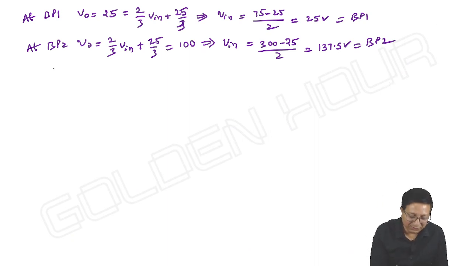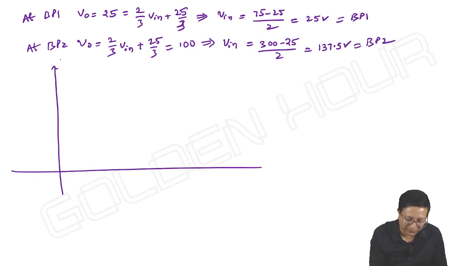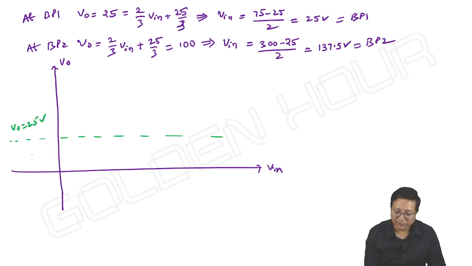Okay, so if I draw the transfer characteristics of this particular case, one equation is like output is equal to 25 volt, and another equation is like 2 by 3 V input plus 25 by 3. 25 by 3 means 8 point something.